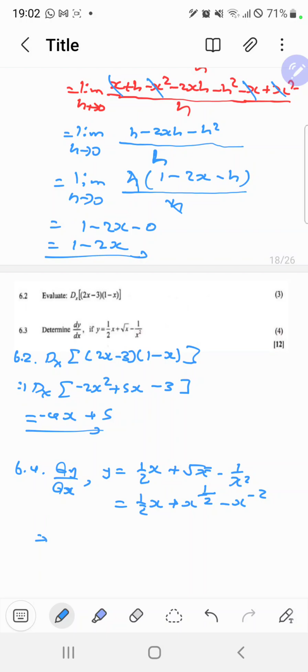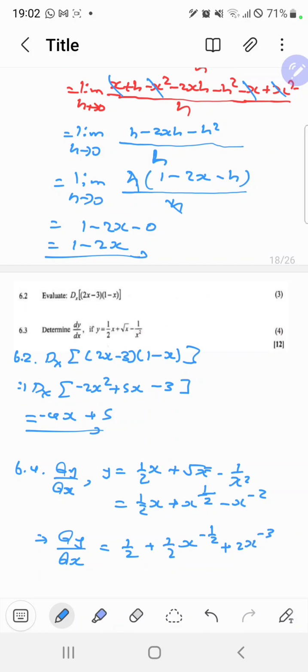And then you can say this implies that dy over dx is going to be equal to a half plus a half of x to the minus a half, plus 2x to the exponent minus 3.